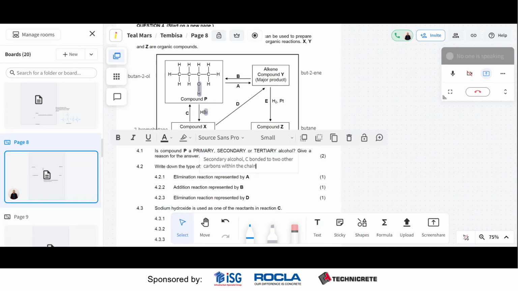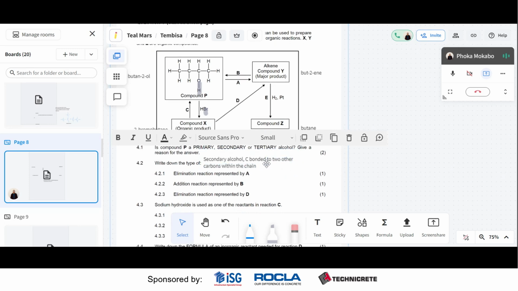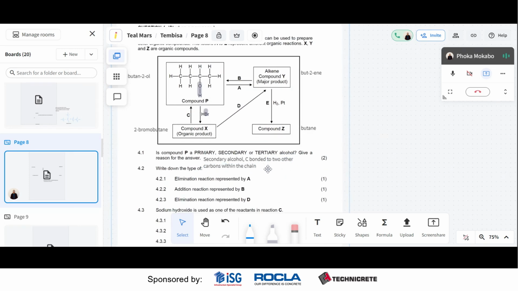And that should make sense, right? If it were bonded to one, it would then be a primary alcohol. And if it were bonded to three other carbons, it would be a tertiary alcohol.